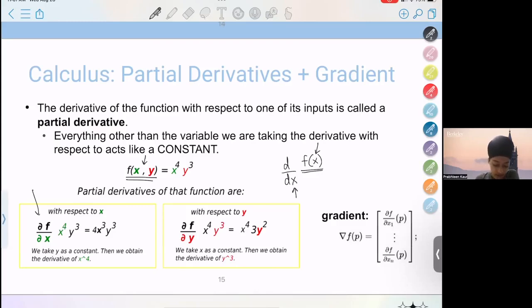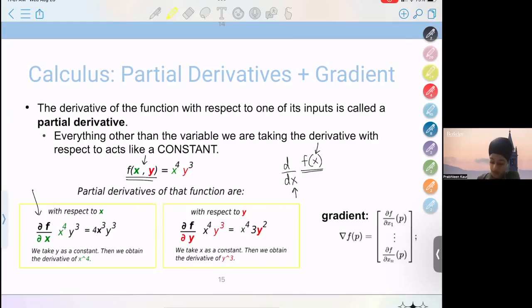So over here we're taking the derivative with respect to x. When you're doing that, everything other than x is treated like a constant, right? So the y cubed, we just act like it's some number and then take the derivative the same way that you have been doing in your calculus classes.